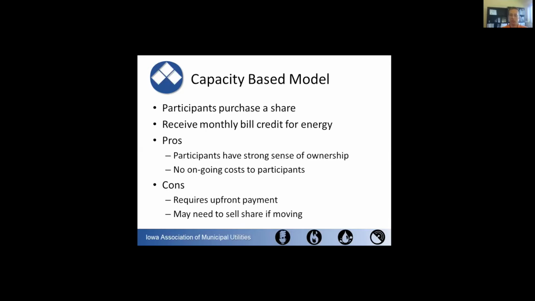So that could be a detriment to participation. And it also may require a participant to sell or somehow transfer their share if they move away from the area and can no longer participate. So the cons on this are the barriers to get in and out of the project.